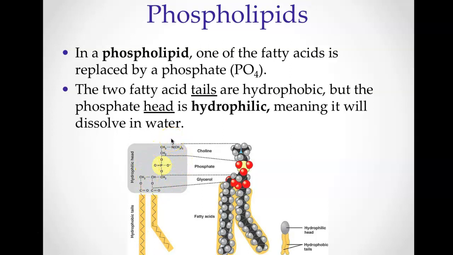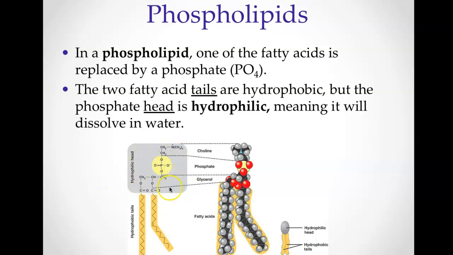So what makes phospholipids so unique is that they are considered amphipathic, meaning they have both hydrophilic and hydrophobic properties. So we already talked about why the fatty acid tails are hydrophobic, and that's because they're made up of mostly carbons and hydrogens. They're nonpolar, there's no partial charges, therefore they don't like water.